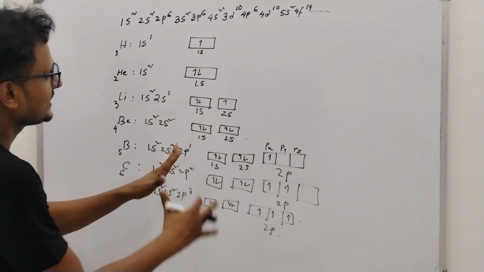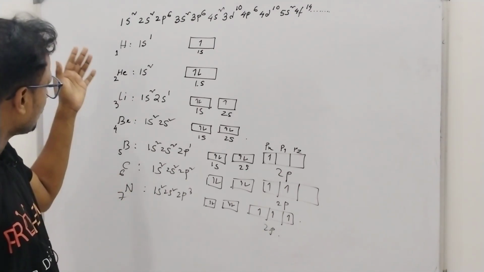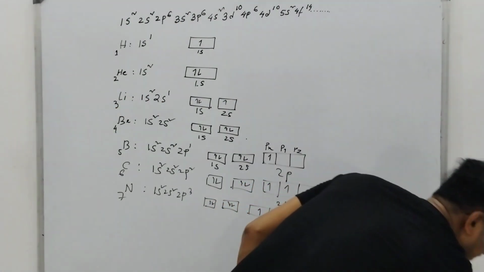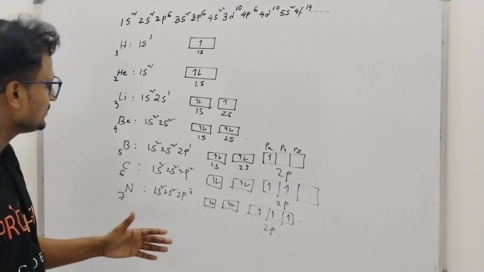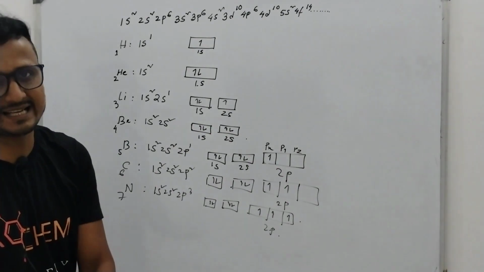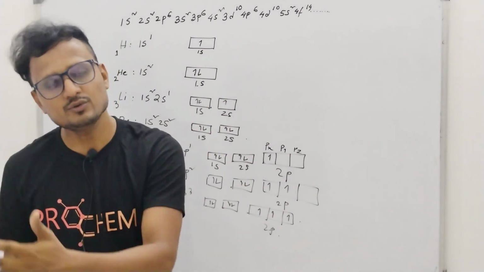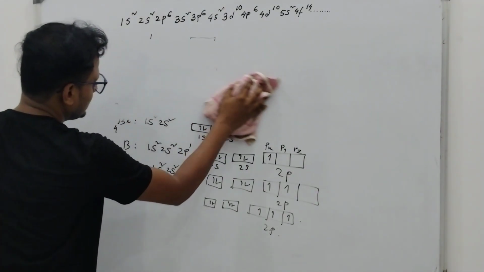Here I am showing the trick for how to write the electronic configuration of the elements from 1 to 30. Today, as the video will be very big, we'll be doing till neon, that means till 10. In the next video we'll go from atomic number 11 to atomic number 30. Okay, so let us go for the next one.